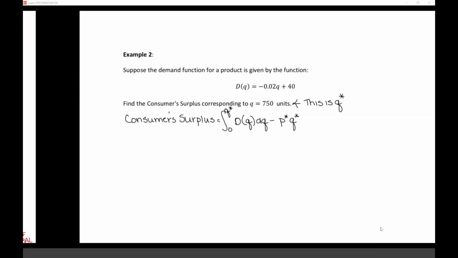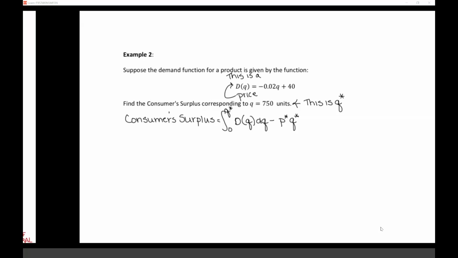It's a logic question, not really a math one. Well, remember what the supply and demand equations give you as an output. They give you a price.